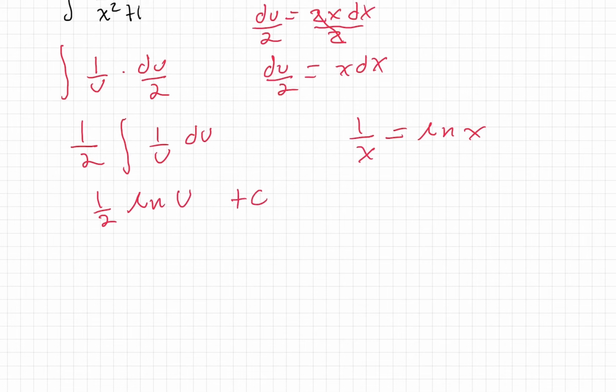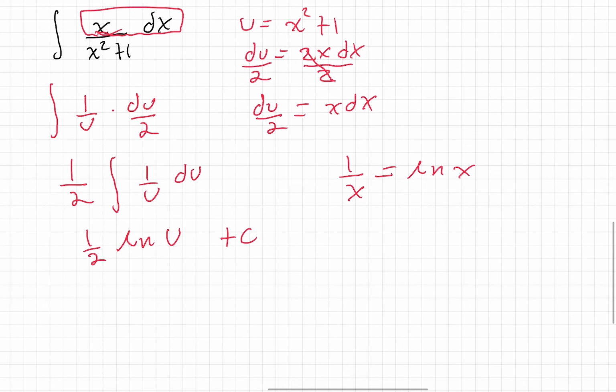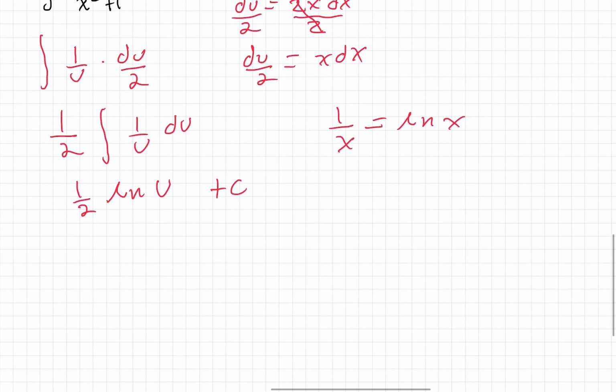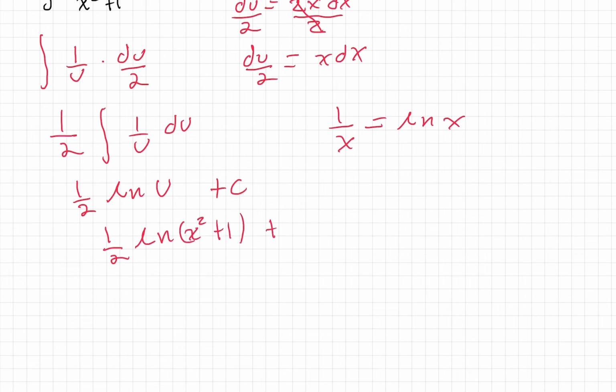At this point, we can just go ahead and plug in our value for u, which is x squared plus 1. So we have 1/2 ln of x squared plus 1 plus c. So that will be the answer for this problem.